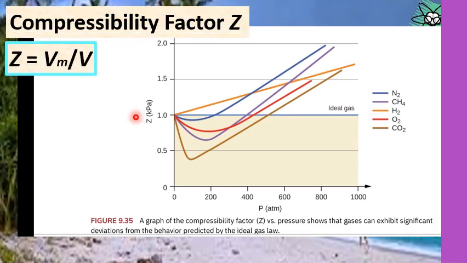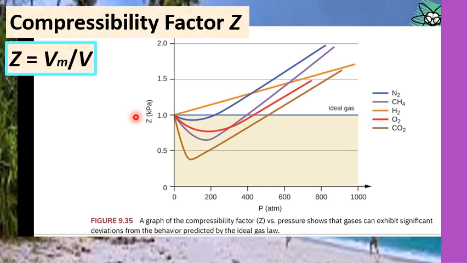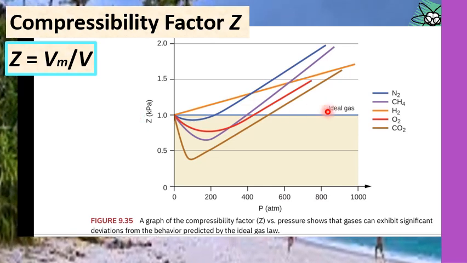The extent of deviation of a gas from being ideal can be shown in a graph like the one given here.